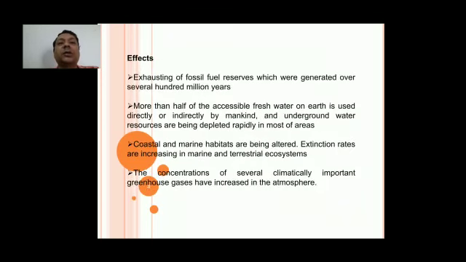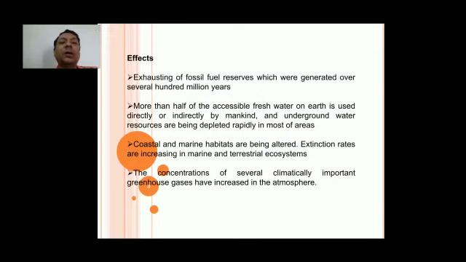Effects: exhaustion of fossil fuel reserves which were generated over several hundred million years. More than half of the accessible fresh water on the earth is used directly or indirectly by mankind, and underground water resources are being depleted rapidly in most areas.